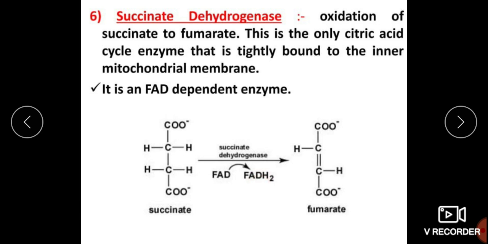Succinate dehydrogenase is the only enzyme of the citric acid cycle that is tightly bound to the inner mitochondrial membrane. Other enzymes are present in the matrix of the mitochondria, whereas succinate dehydrogenase is tightly bound to the inner mitochondrial membrane. This enzyme is a FAD dependent enzyme, flavin adenine dinucleotide dependent enzyme.